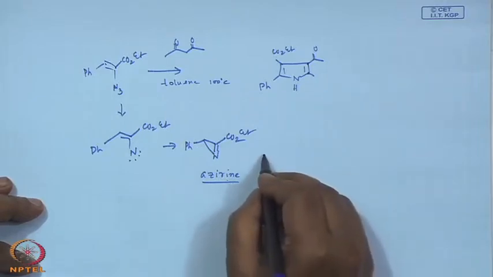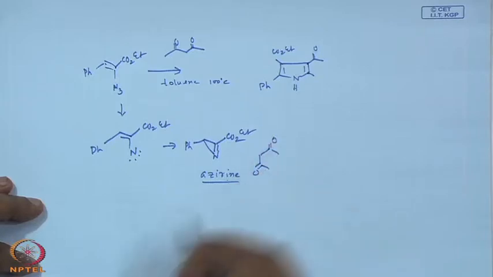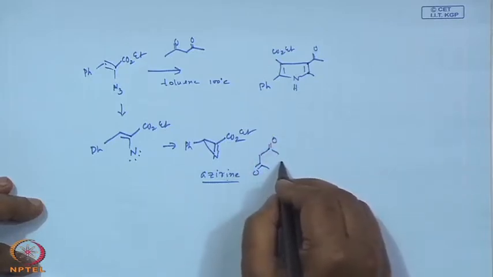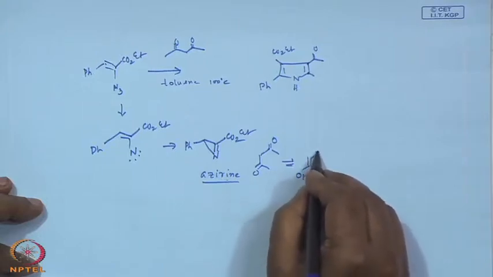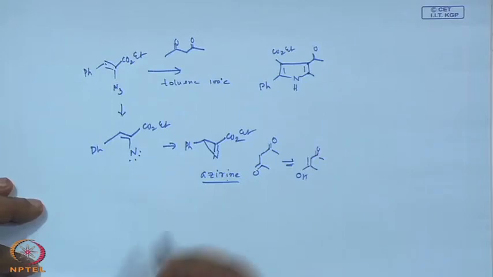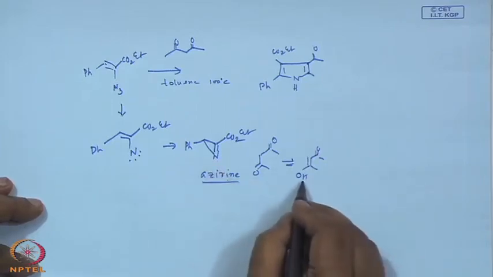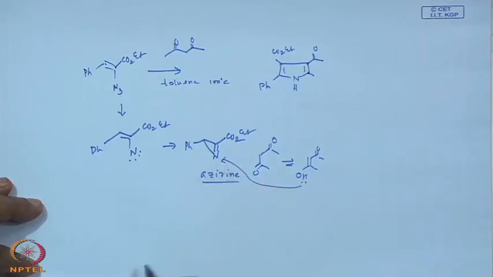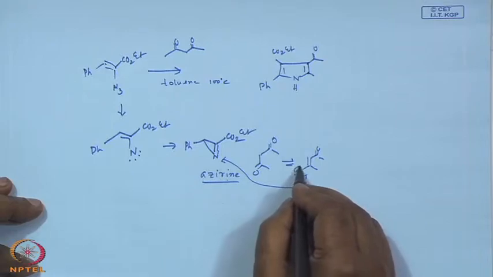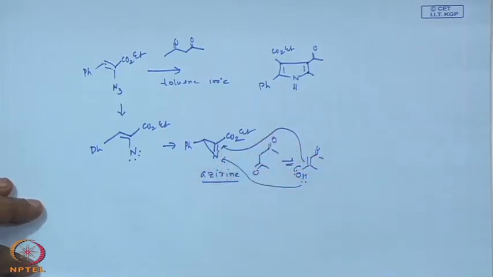Then what? Then you have the beta diketone, right. All of us know that in equilibrium it is the enol, and this enol hydrogen can be transferred to nitrogen here, and then this goes to carbon double bond nitrogen.